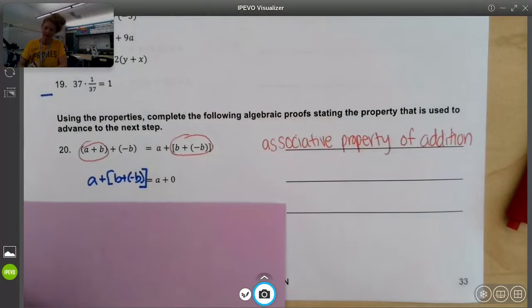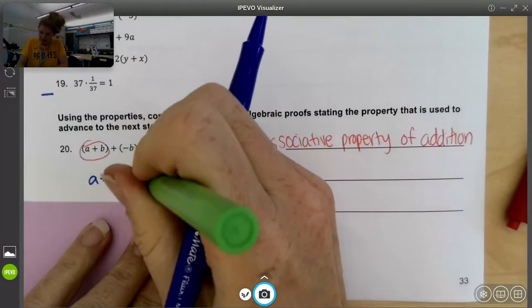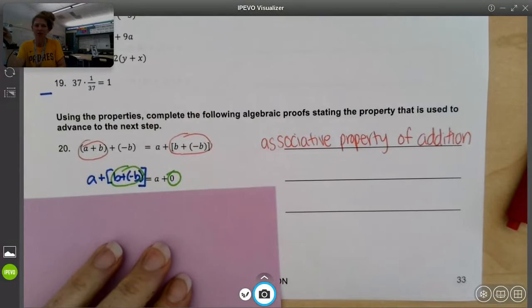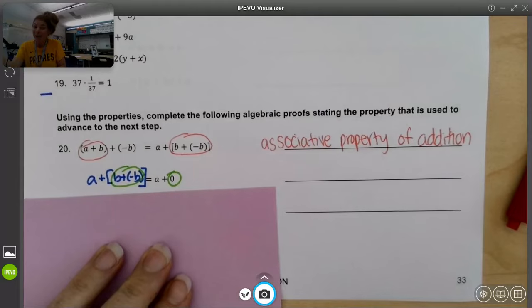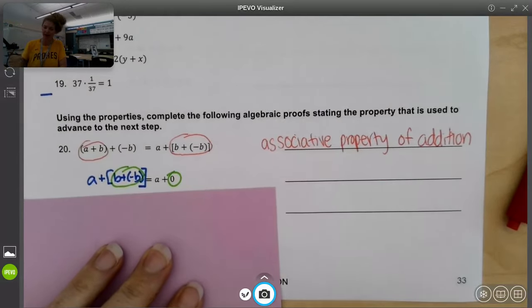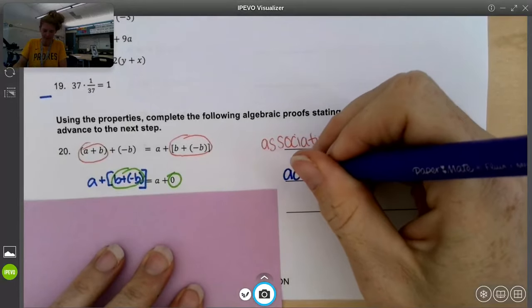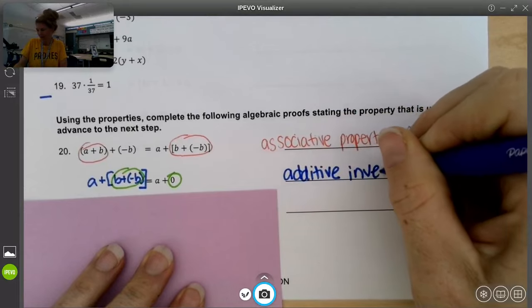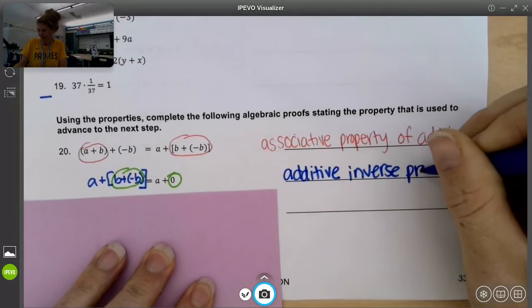What tells us that B plus negative B is equal to 0? So some of you might be thinking substitution, but there is a rule that tells you a number plus its opposite is 0. Do you remember what that is? That's right, it's just like algebra tiles. It's the additive inverse property.